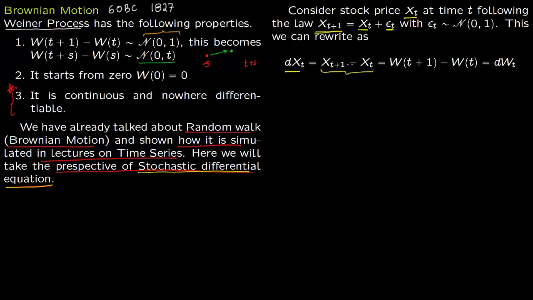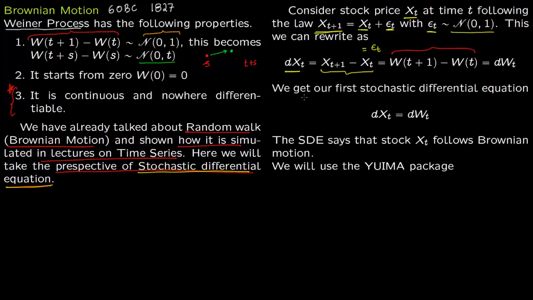So x(t+1) minus x(t) is equal to epsilon t, which is normally distributed with mean 0 and variance 1. Instead of epsilon t, a random variable drawn from normal 0, 1, you write w(t+1) minus w(t), and this you can write as dw(t).